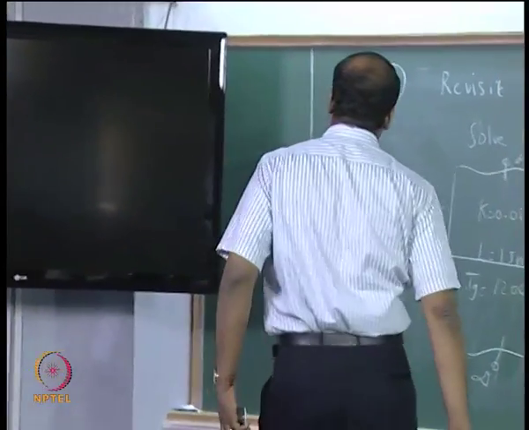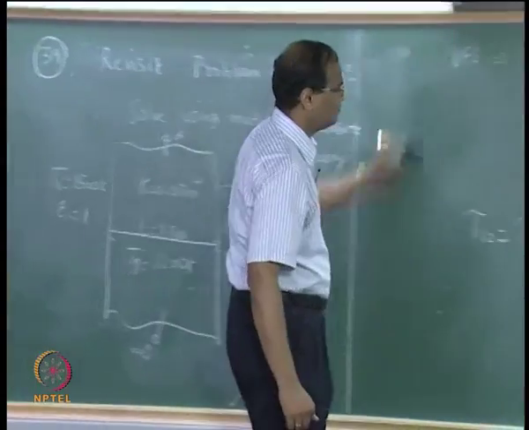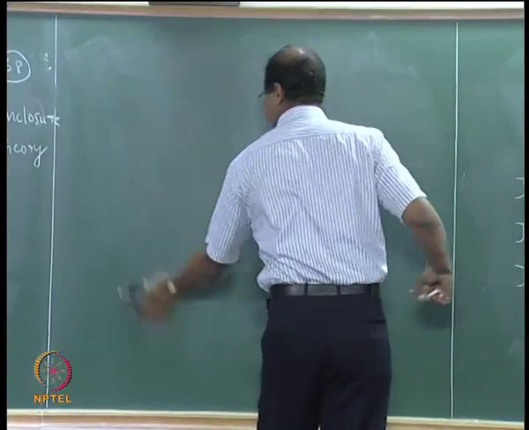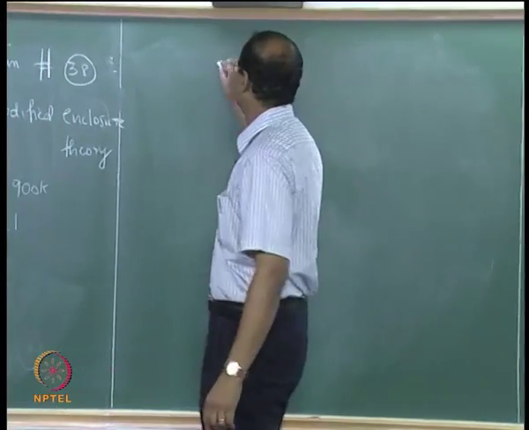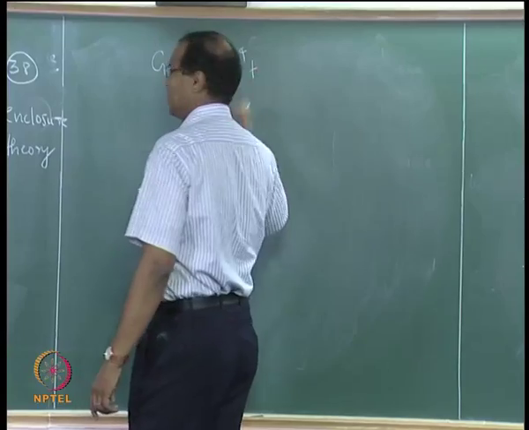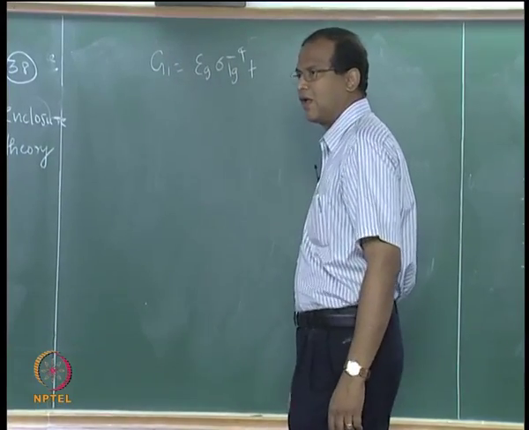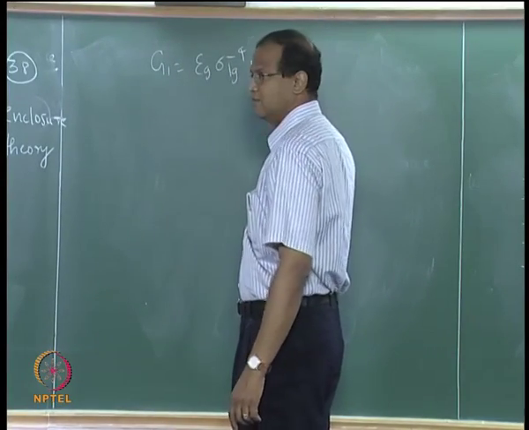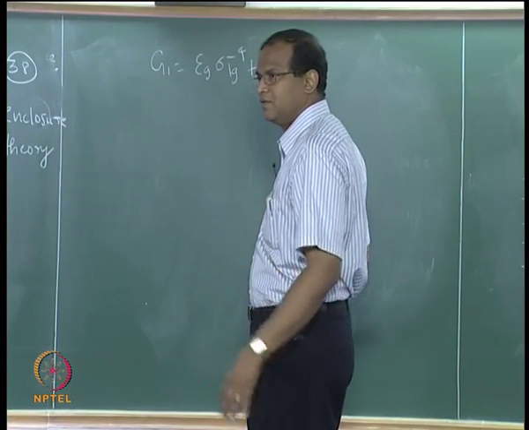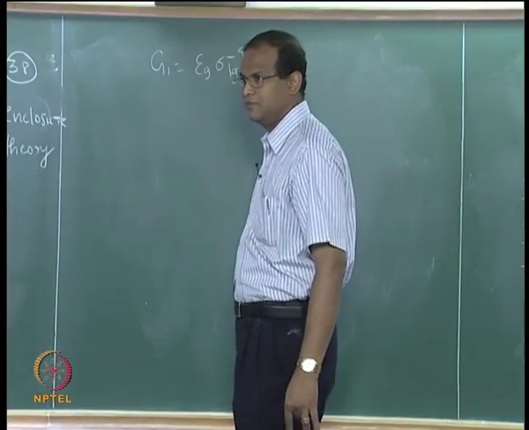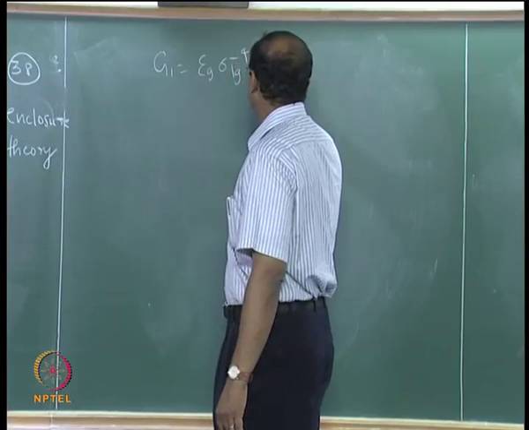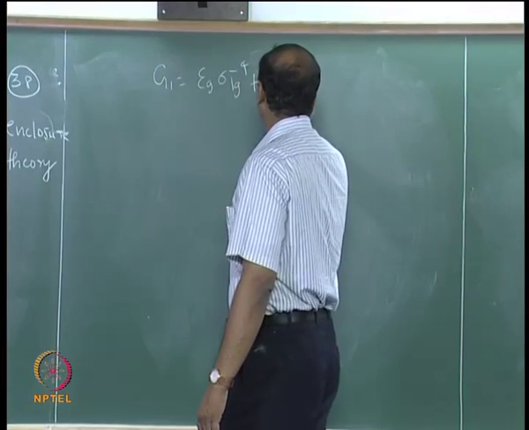Fine, okay. What is G1? Plus F12 J2 tau 12.